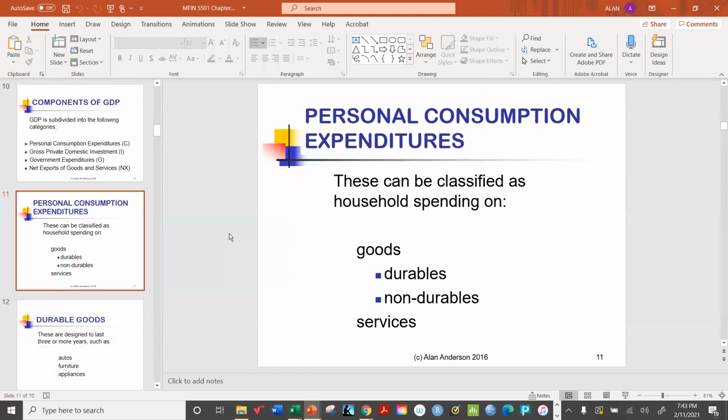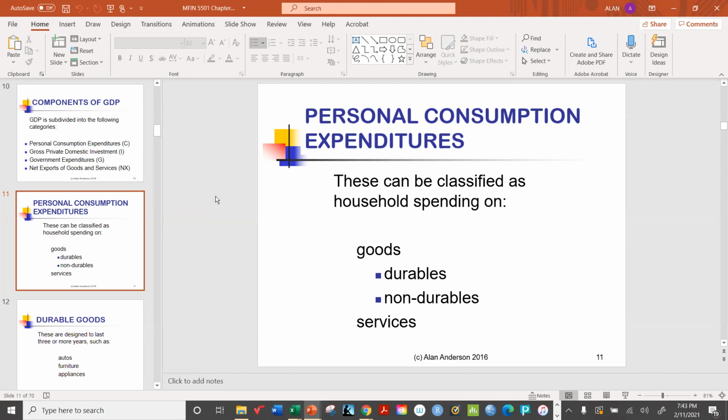Right, so personal consumption expenditures, these are goods and services that are bought by individuals, consumers, or as we call them in economics, households. All right, a household can consist of a single person or several people in the family, but these are individuals. So here, in a general sense, we can break up the two categories.